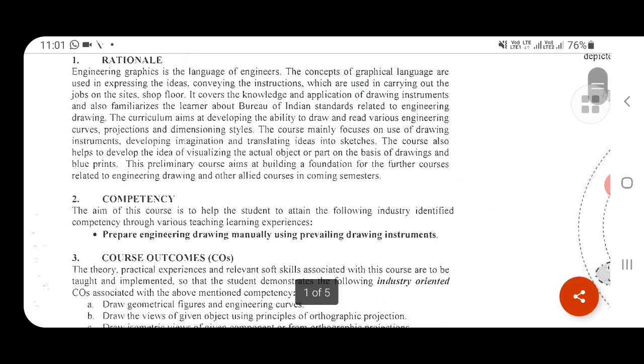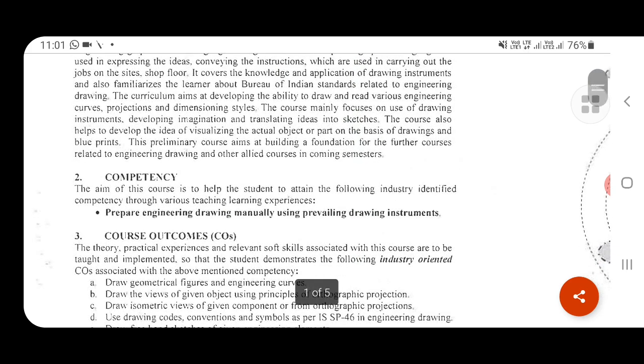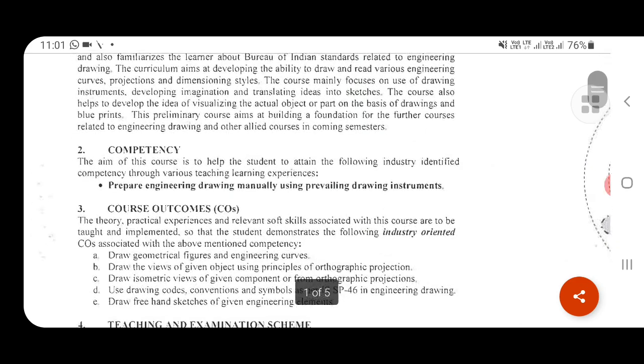The aim of this subject is to help the student attain the industry competency through various teaching learning experiences. Prepare engineering drawing manually using prevailing drawing instruments. This is the competency of engineering graphics.